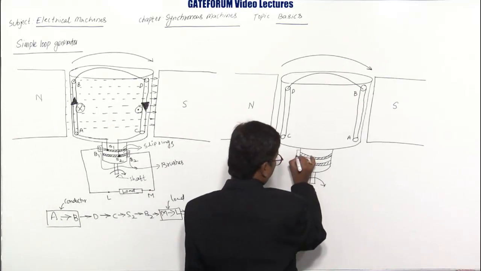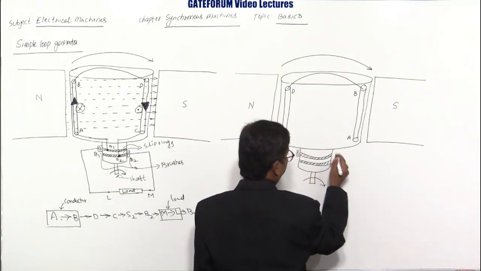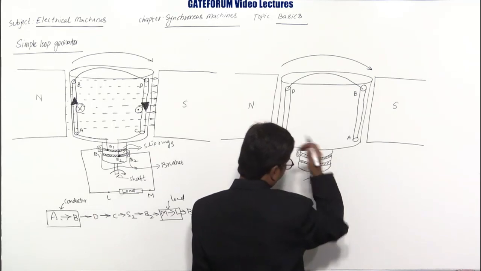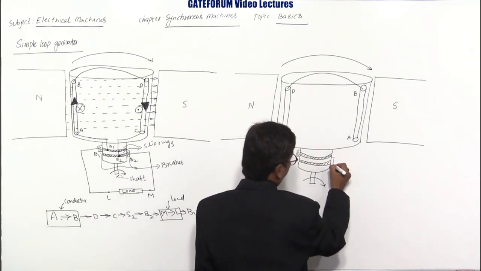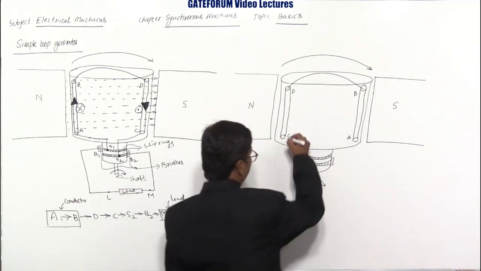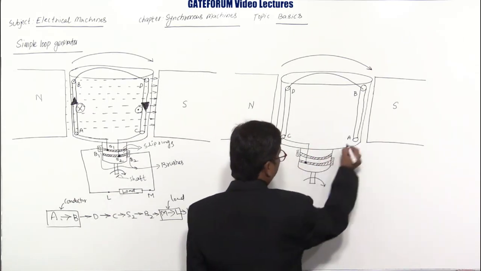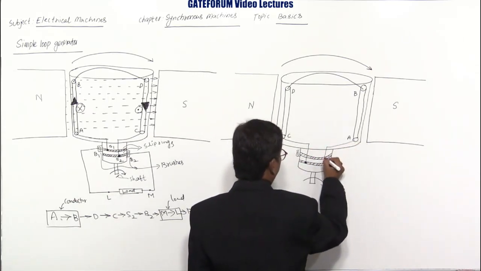So here you have brush 1 and brush 2. Conductor CD is joined to brush 2, segment 2. Conductor AB is joined to brush 1.